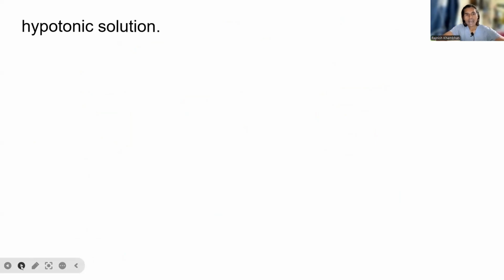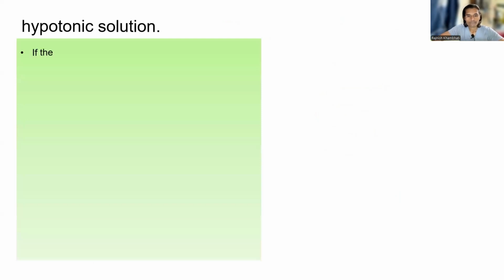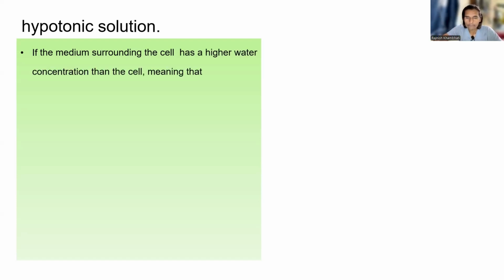So the first is hypotonic solution. Let me remind you again, hypotonic means the outside solution is lower concentrated. Yes, very good. Now see, if you have paid attention, you should know this.